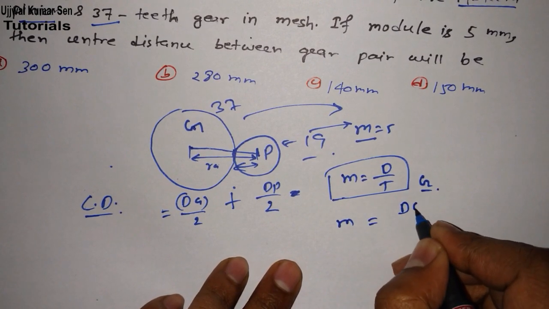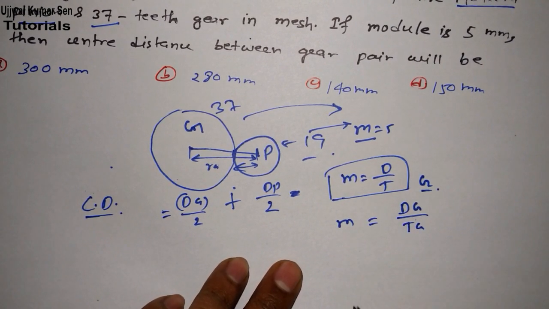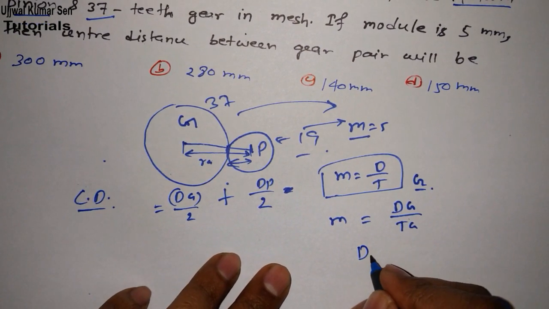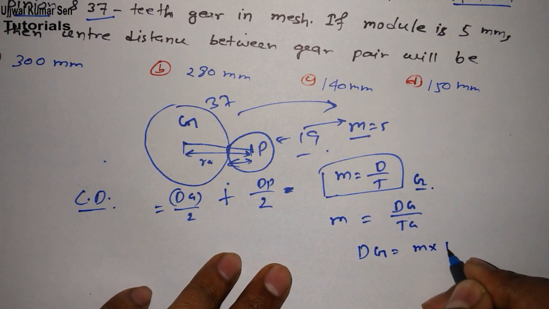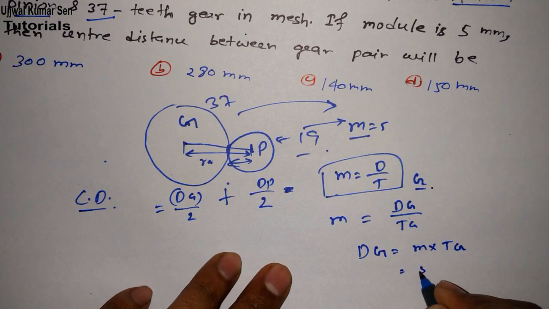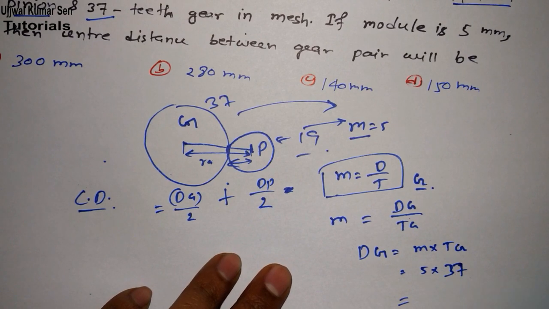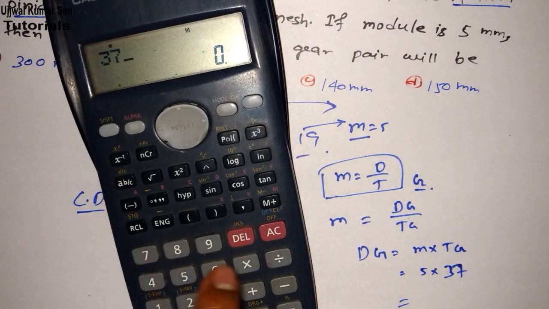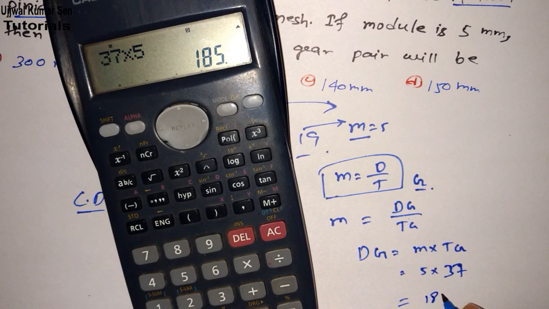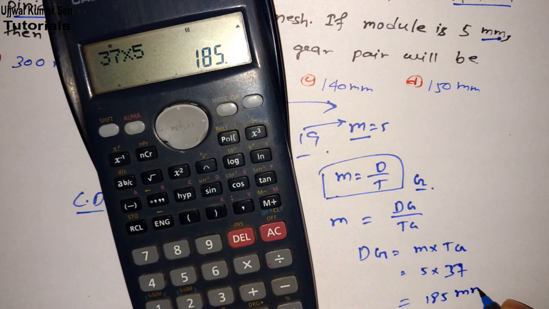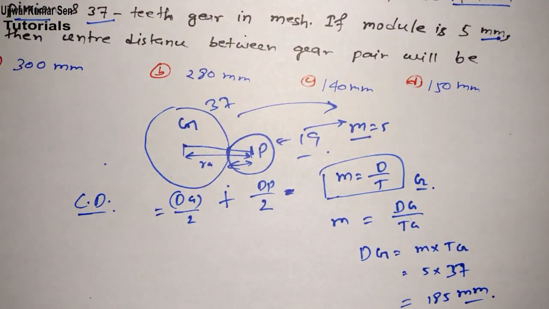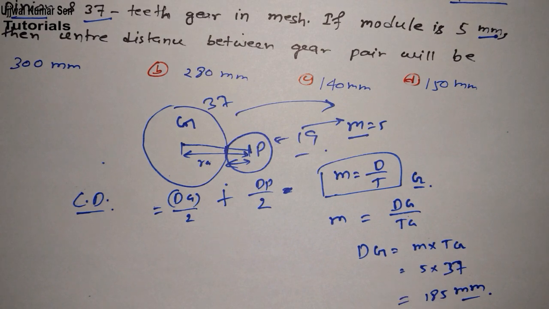Module of gear is equal to diameter of gear divided by number of teeth of the gear. We know the number of teeth of the gear, so we can find the diameter: module multiplied by number of teeth. Module is 5, number of teeth of the gear is 37. So 37 multiplied by 5 is 185, and since module is in mm, the unit is mm. So the diameter of the gear is 185 mm.